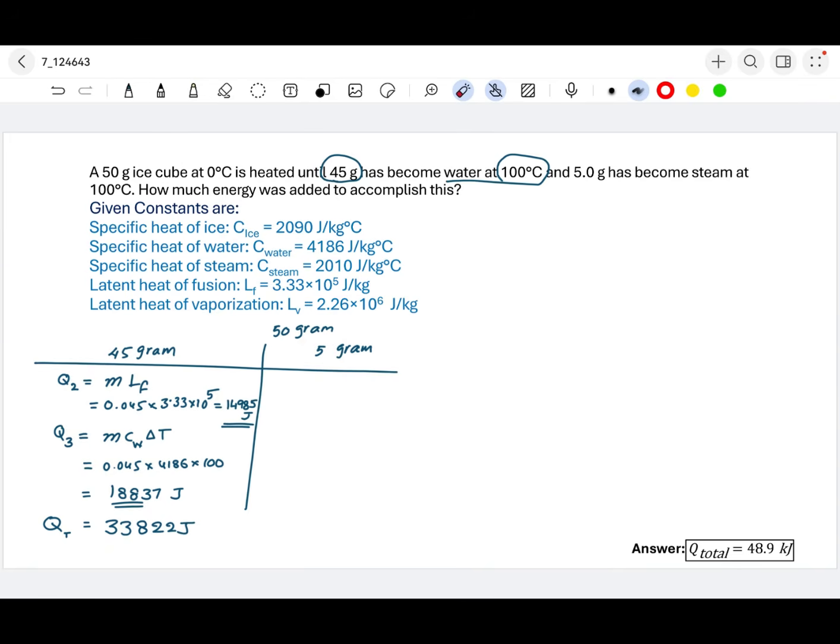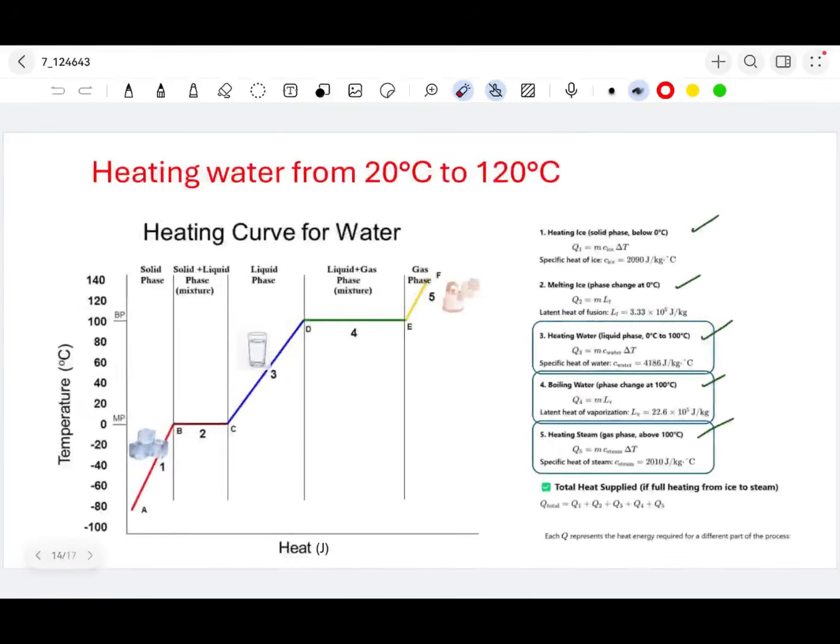5 gram, what happened? 5 gram started from the ice cube at 0 degree to steam at 100. Started with ice, from here it started. Phase change, then rise in the temperature of the water till 100, water at 100. Then stop here.